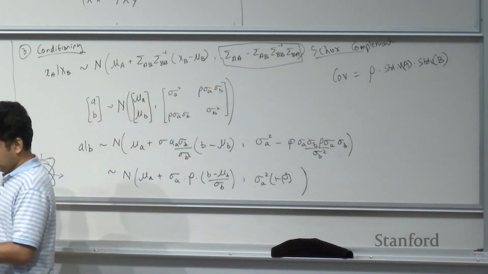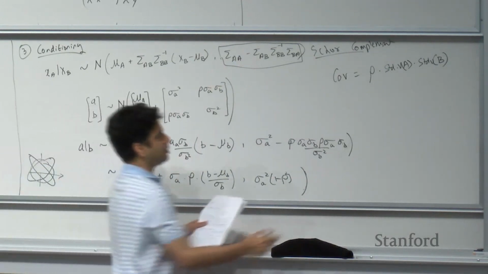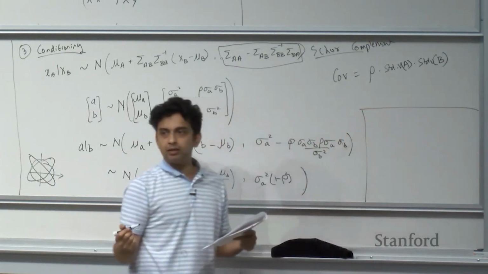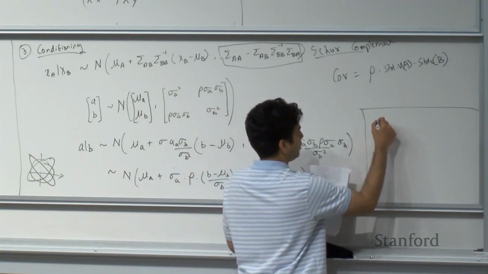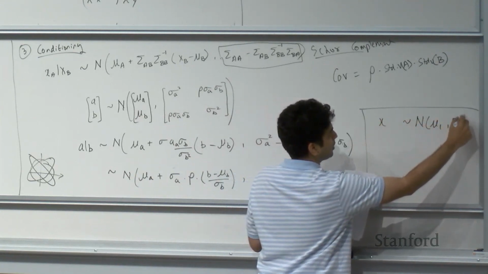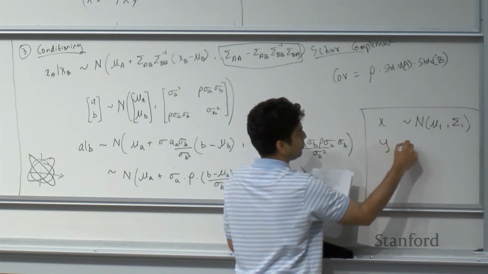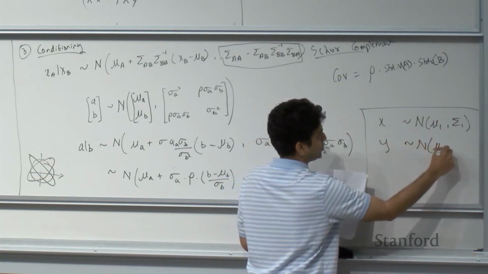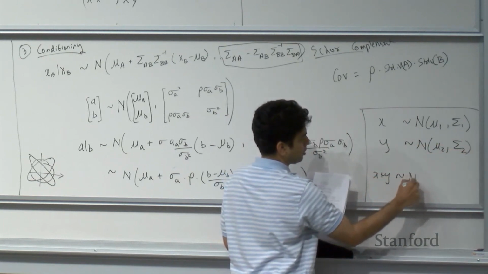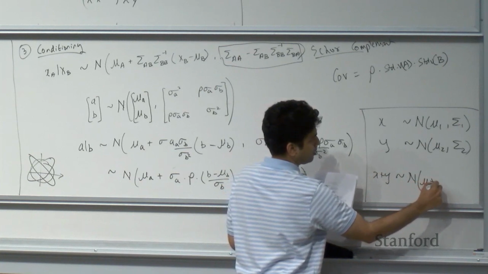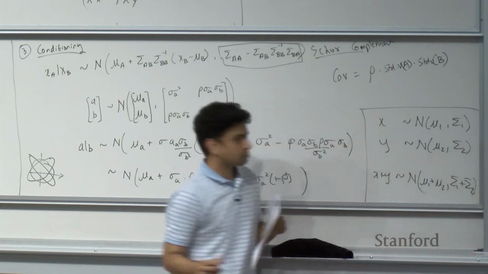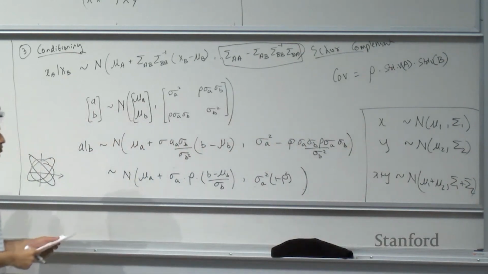All right, and then we have one more property, which is the sum of two independent Gaussian variables. If you have x distributed as normal mu1, sigma1, and y as normal mu2, sigma2, then x plus y is distributed as a normal with mu1 plus mu2 and sigma1 plus sigma2.